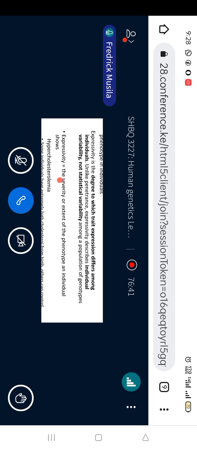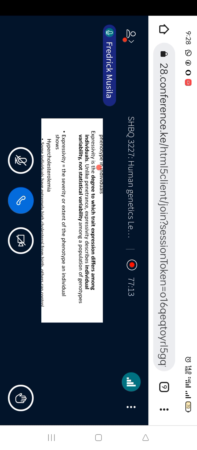So expressivity, the severity or extent of the phenotype in an individual. An example of expressivity is hypercholesterolemia. I'm sure you understand these medical terms: high levels of cholesterol in the system. People have the gene which makes them prone to produce high levels of cholesterol.